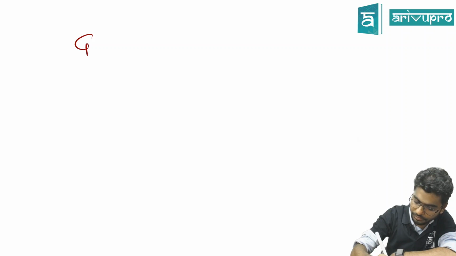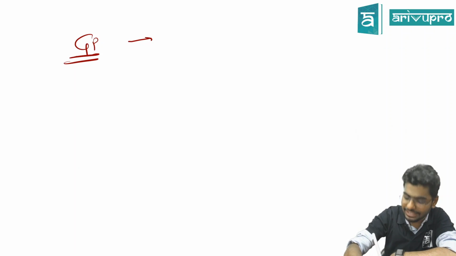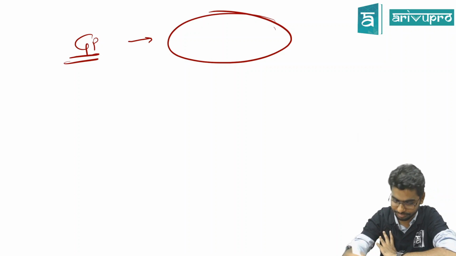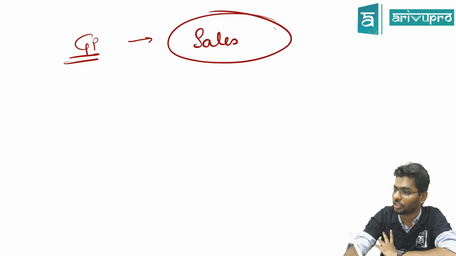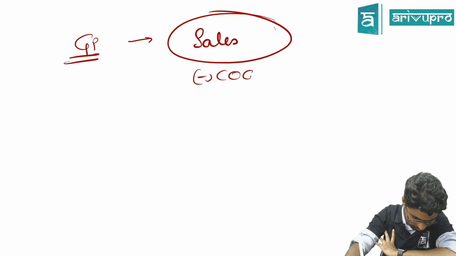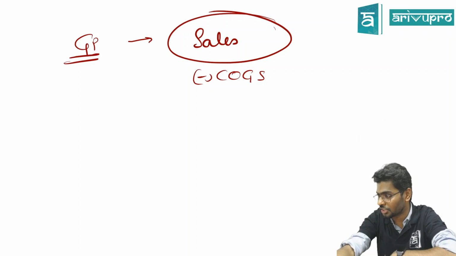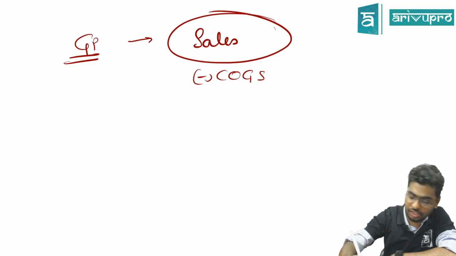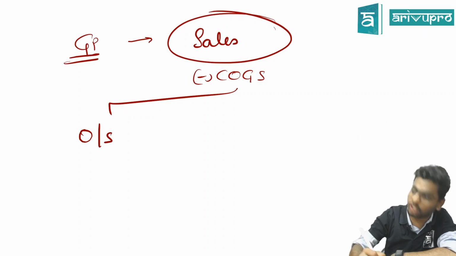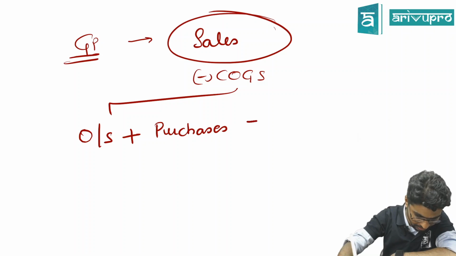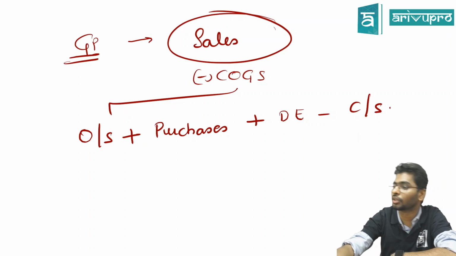Before we go in, what do you mean by gross profit? Gross profit basically means from your sales you reduce your COGS. What is COGS? Cost of goods sold. What do you mean by cost of goods sold? Opening stock plus purchases plus direct expenses minus closing stock.